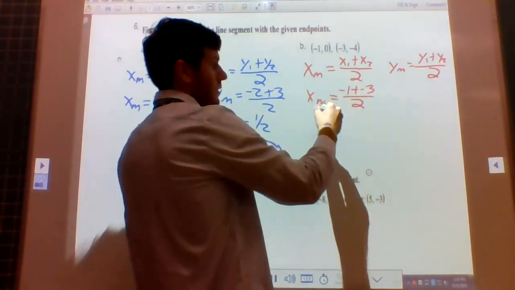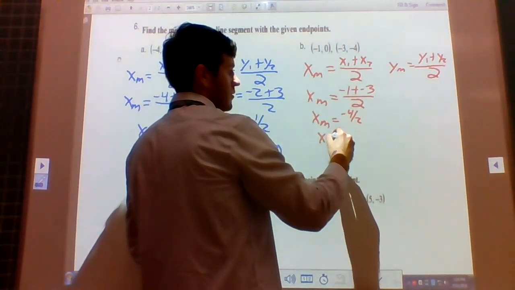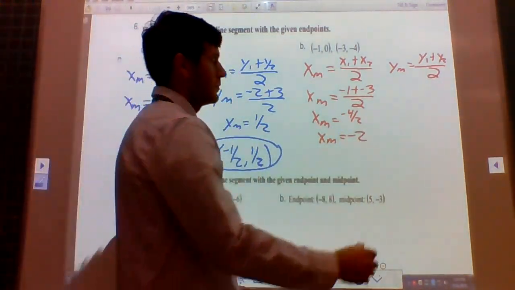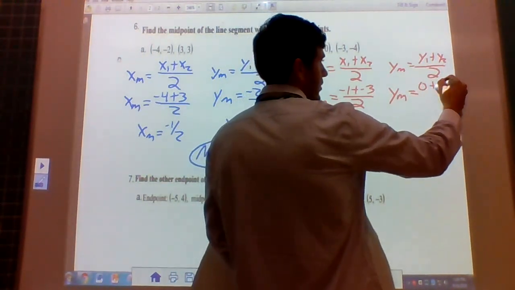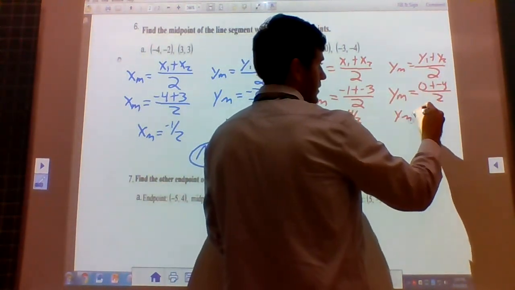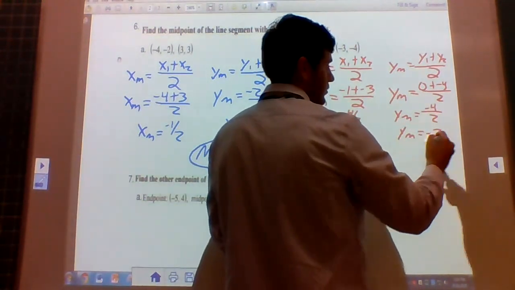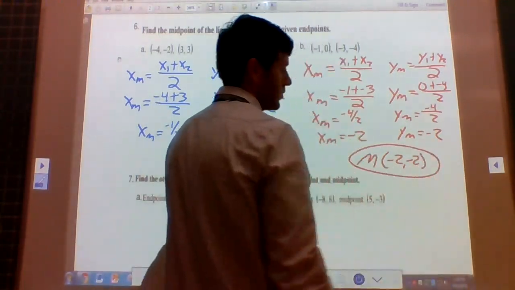That's negative 4 divided by 2, which is going to be negative 2. For ym, the two y coordinates here are 0 and negative 4, so 0 plus negative 4. So that's going to be, again, negative 4 over 2, which is negative 2. So our midpoint here is negative 2, negative 2. That's the coordinate of our midpoint.